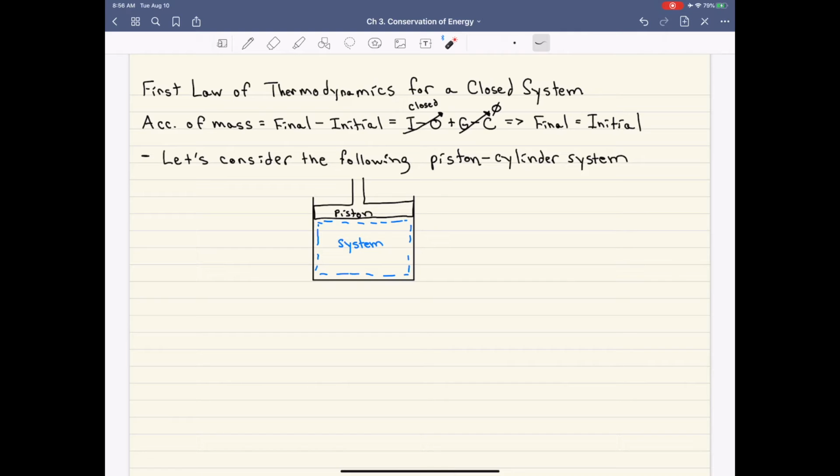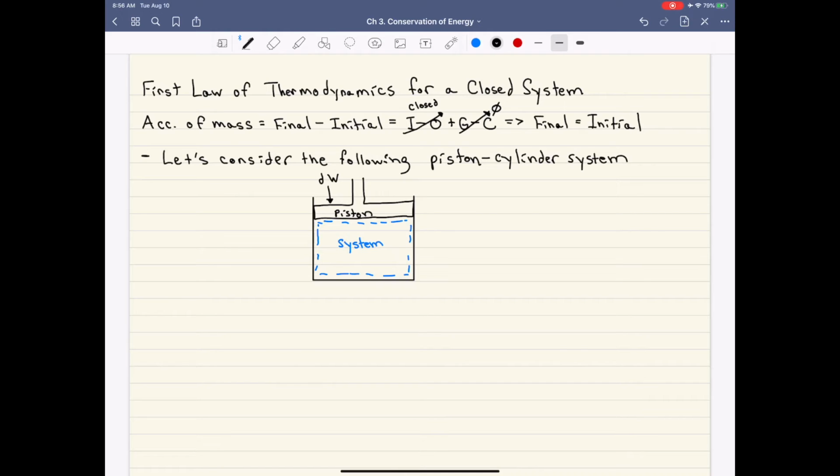Within this piston-cylinder setup, the piston can move, and by moving the piston down, we would be applying some sort of work to the system.